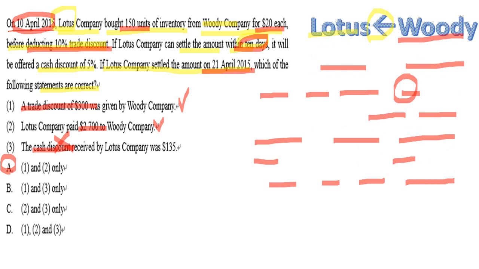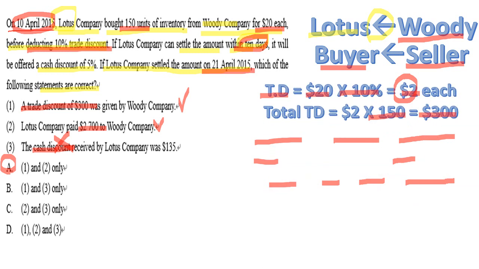So we have Lotus here, buying goods from Woody. Second point is about the payment.